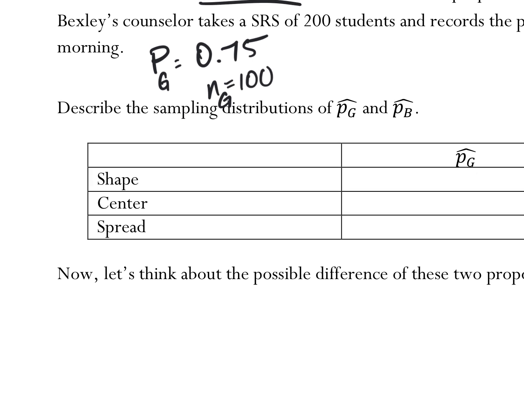Whenever we're talking about shape, our hope is that the shape will be approximately normal. Do you remember from last week, when will the p-hats be approximately normal? When what is greater than 10? Mean and standard deviation? No, we are going to use those formulas to talk about the center and the spread.